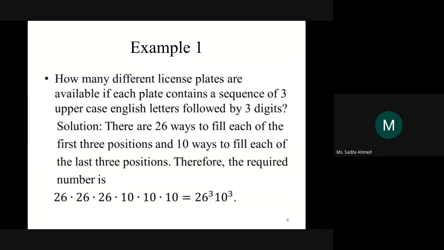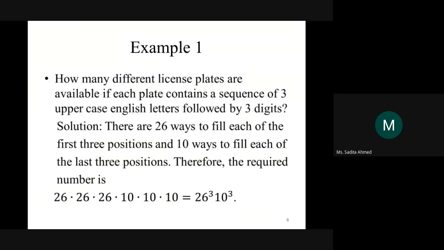If you pick A, you could have AA, AB, AC, AD, AE, and so on until Z. If you picked B instead, if you performed the first task by picking the uppercase letter B, then you could have BA, BB, BC, and so on until Z. Same goes for C: CA, CB, and so on. I'm talking about the first 2 positions.